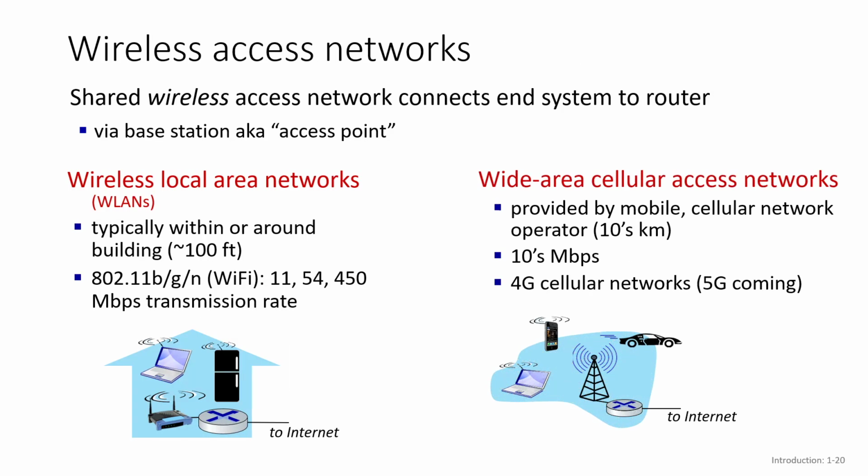Okay, so here we have the wireless access network. Today, we can use a lot of media to bring internet to our devices: phones, computers, our cars, our connected watches.